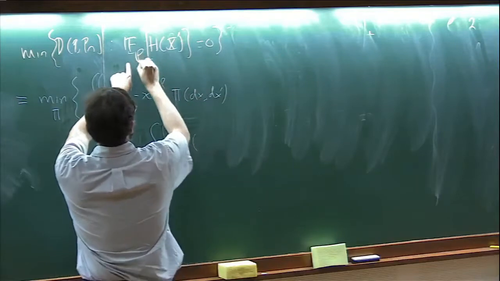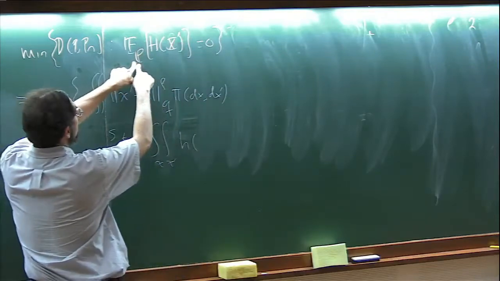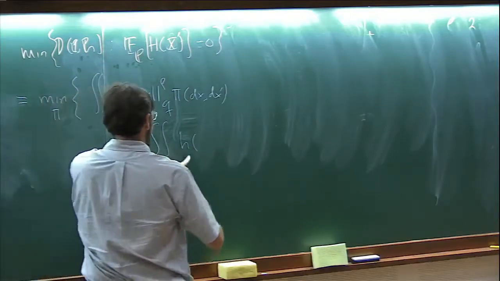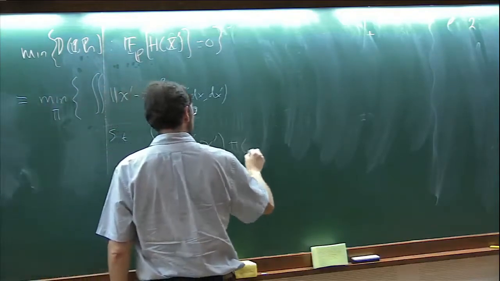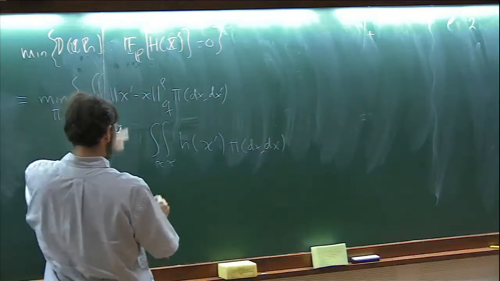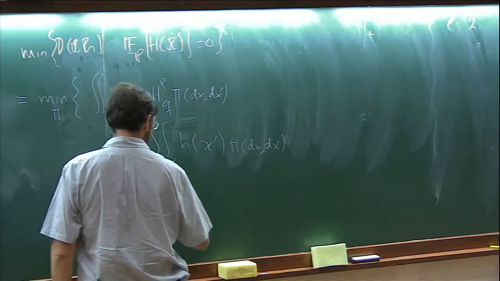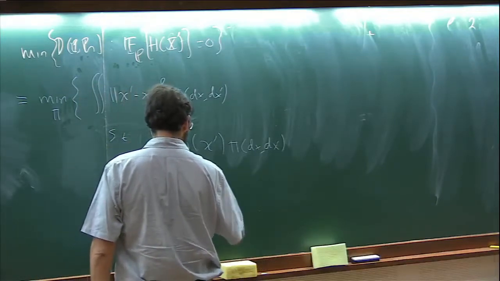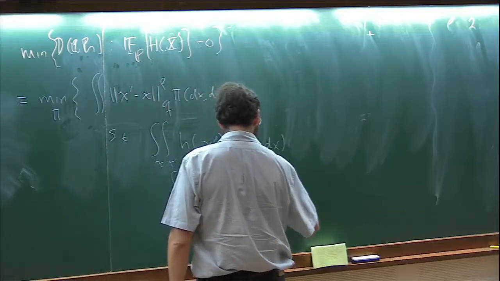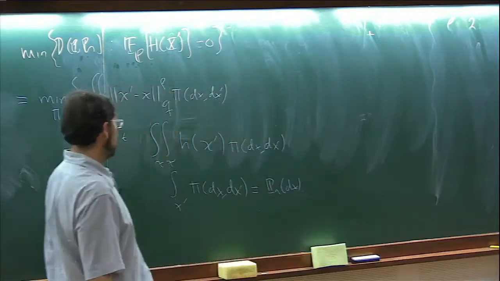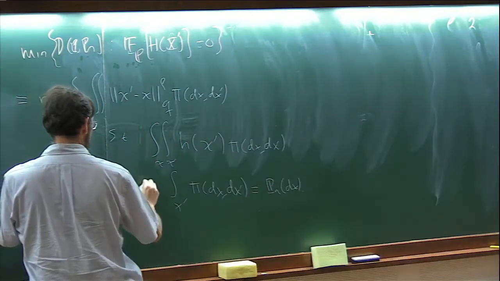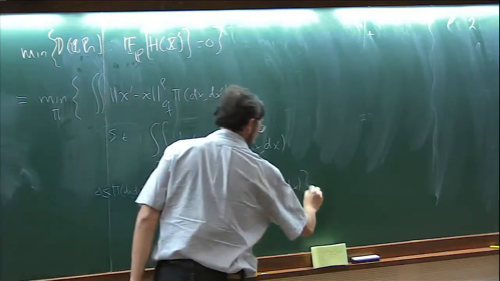So just to emphasize, x prime goes with the probability measure P, x's will go to the probability measure Pn. Okay, so I'm going to use that convention, so x prime, pi. And then what is the other constraint? I have the integral over x prime of pi dx prime, that's equal to Pn dx. Okay, so this is formally the LP.